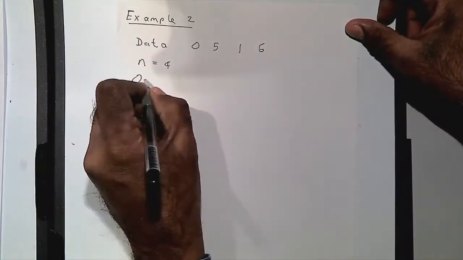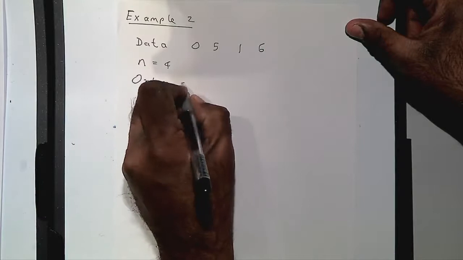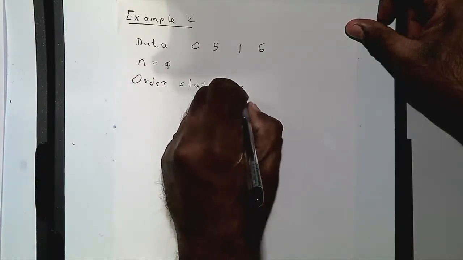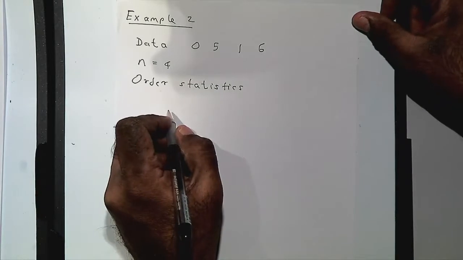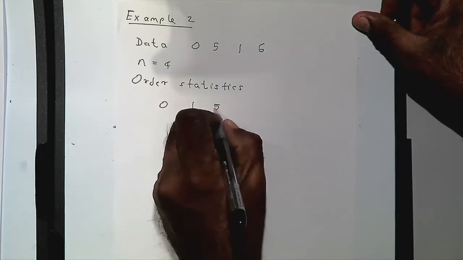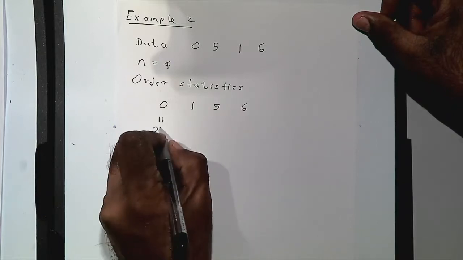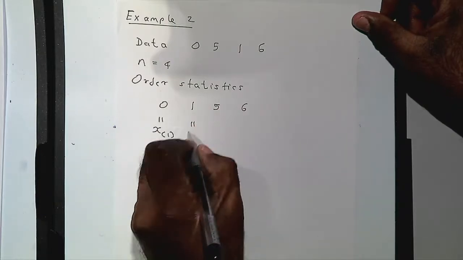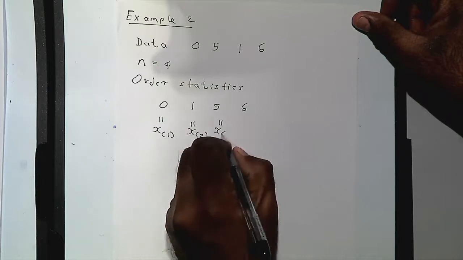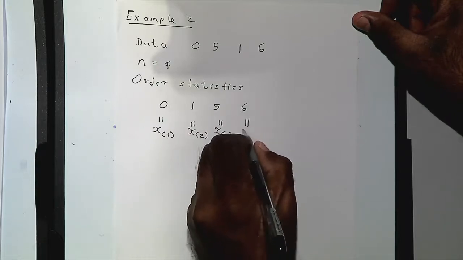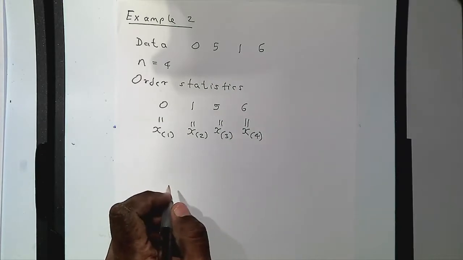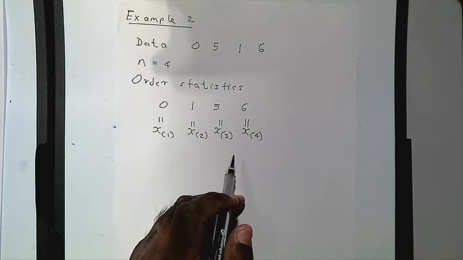The order statistics of the data is 0, 1, 5, and 6. So this is x. All right? So these are the 4 order statistics, right?